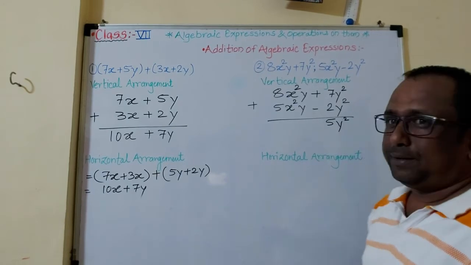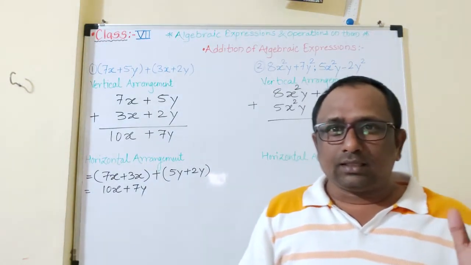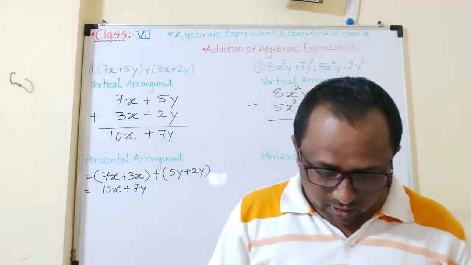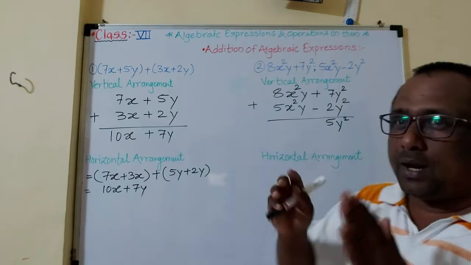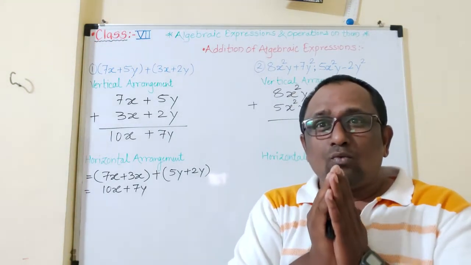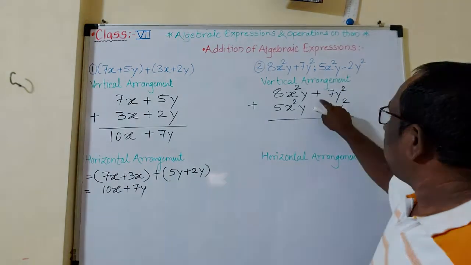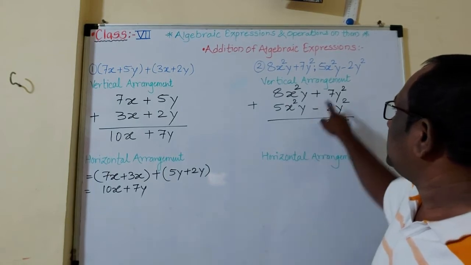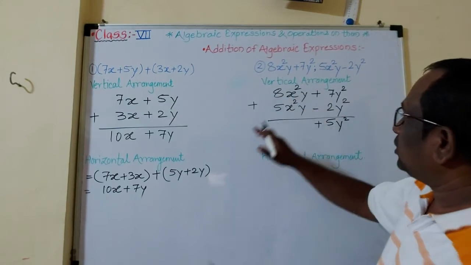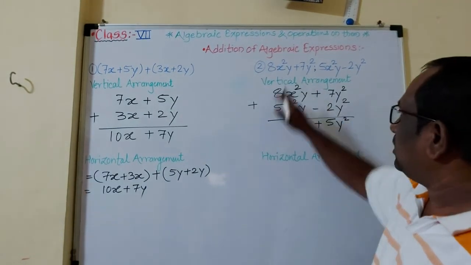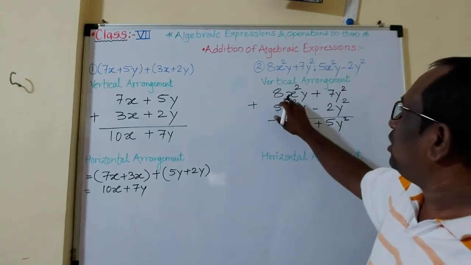Now here, plus 7 and minus, the rule I told you before: whatever the bigger number's sign is, we give that sign. This one has a plus sign and 7 is the bigger number, so plus. Now we will solve this one. You can solve from this side also, or start from the first term. 8 plus 5.